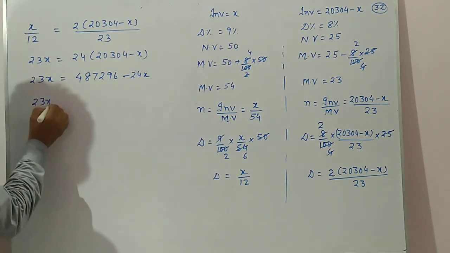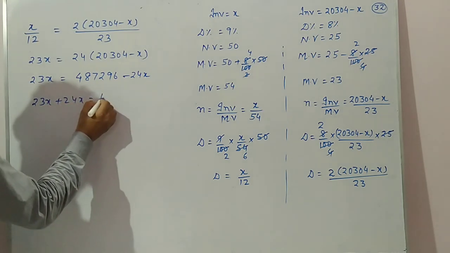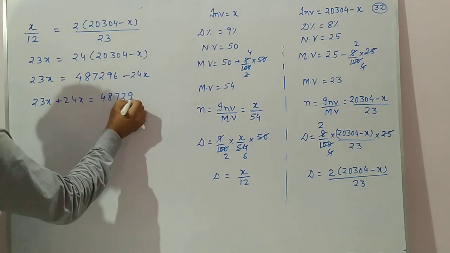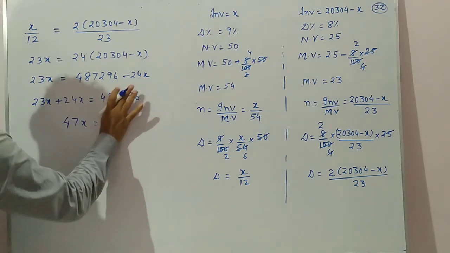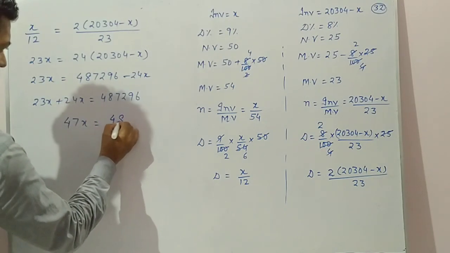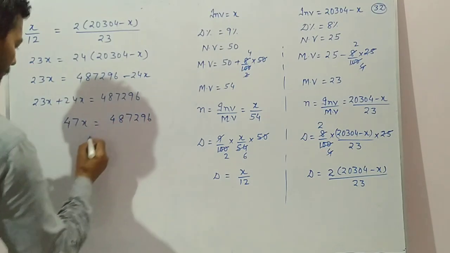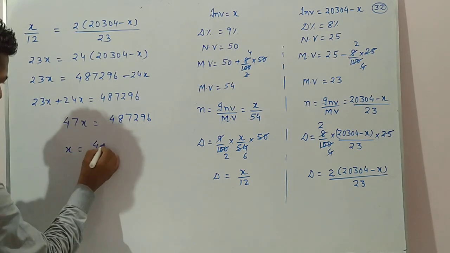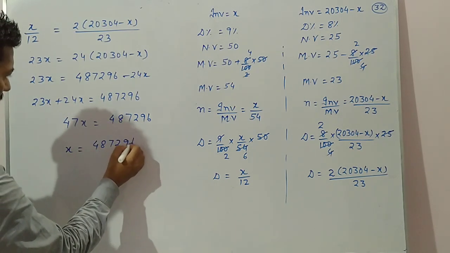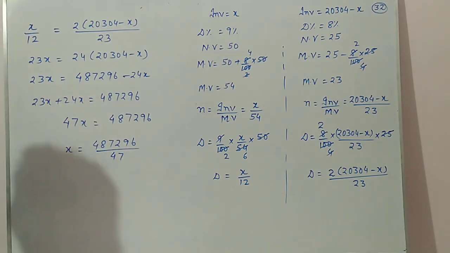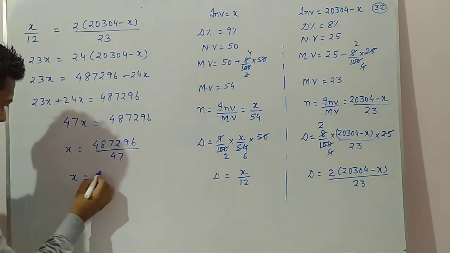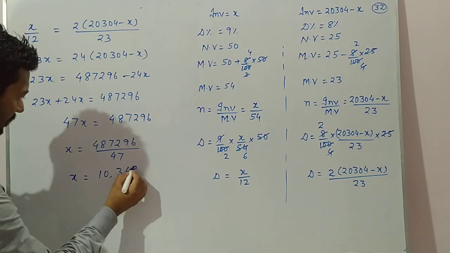So 23x plus 24x equals 487,296. 47x equals 487,296. x equals 487,296 by 47. Dividing 487,296 by 47, we are getting 10,368.